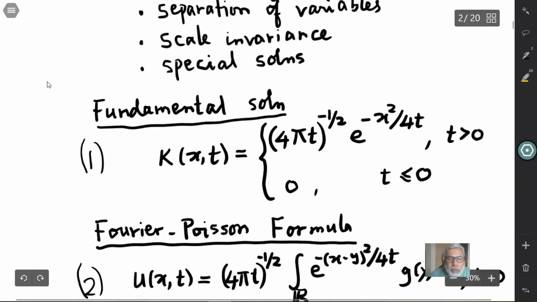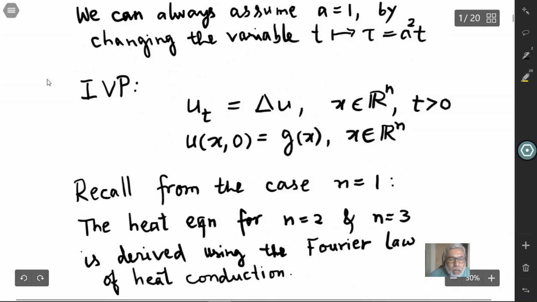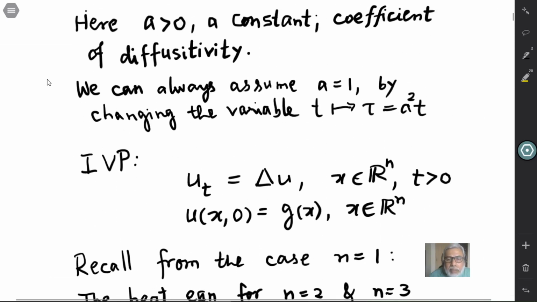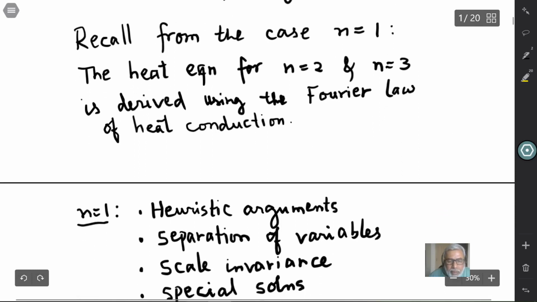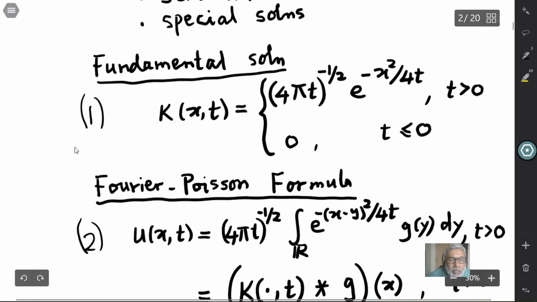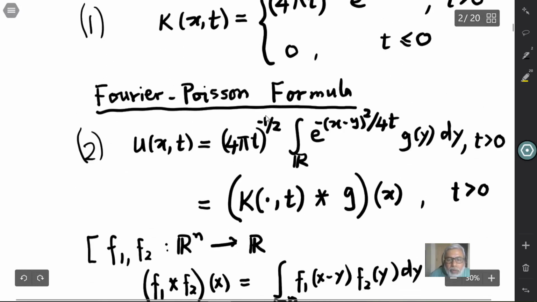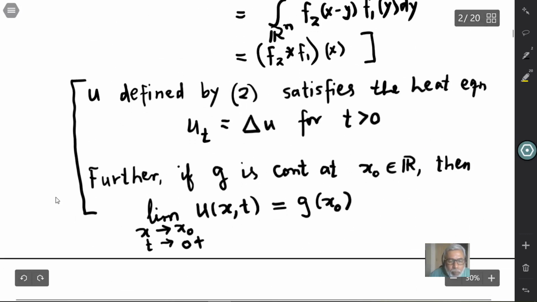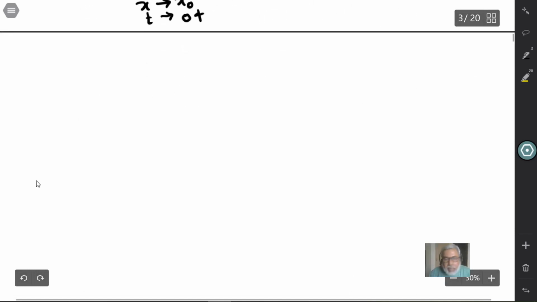Okay. So now we would like to do a similar analysis for general n. So obviously we cannot use this separation of variables kind of thing. However, if you look at the formula for the heat kernel and the Fourier-Poisson formula, these two formulas extend readily to higher dimensions.